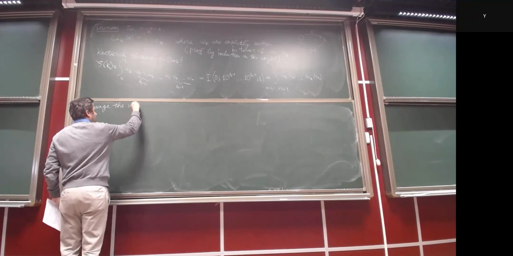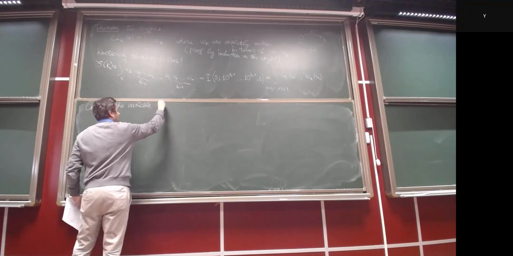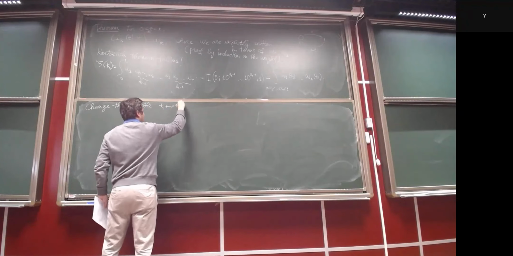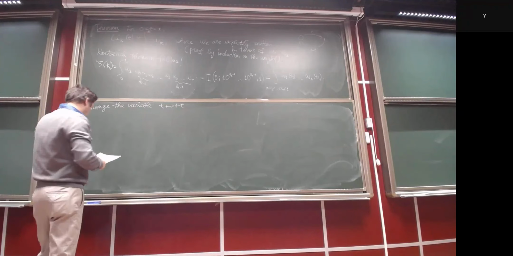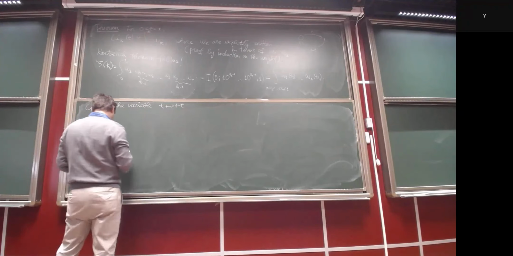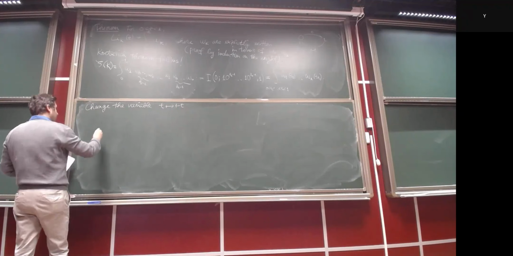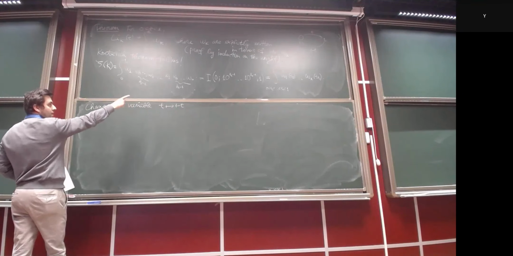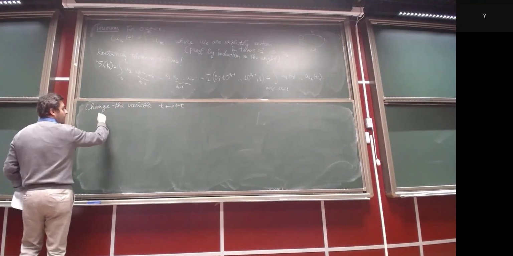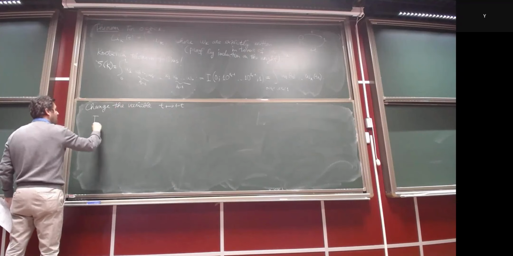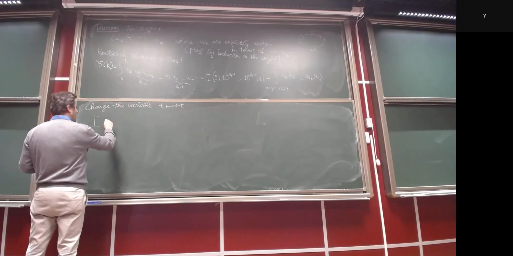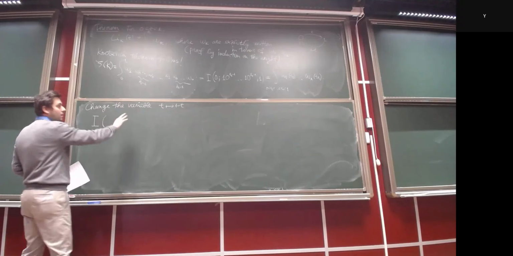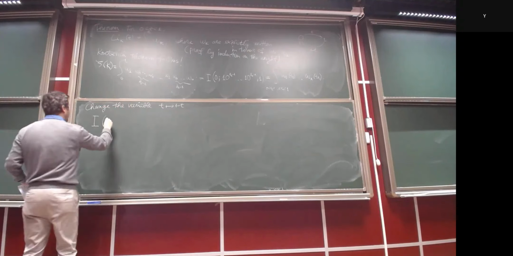So now let's change the variable. When we change the variable, we take t to go to 1 minus t. And let's look at this integral. When we change the variable, that integral will become what? Well, the endpoints will change, right?